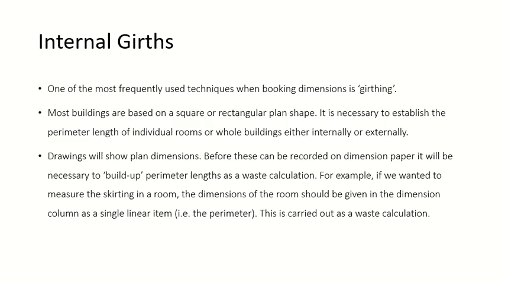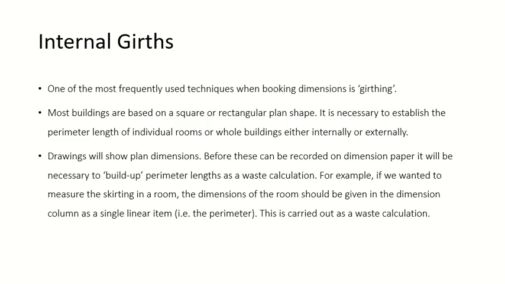Skirting of the room is the bottom of the wall where you put a half tile for the sake of looks and for protecting the end of the joint of the wall.